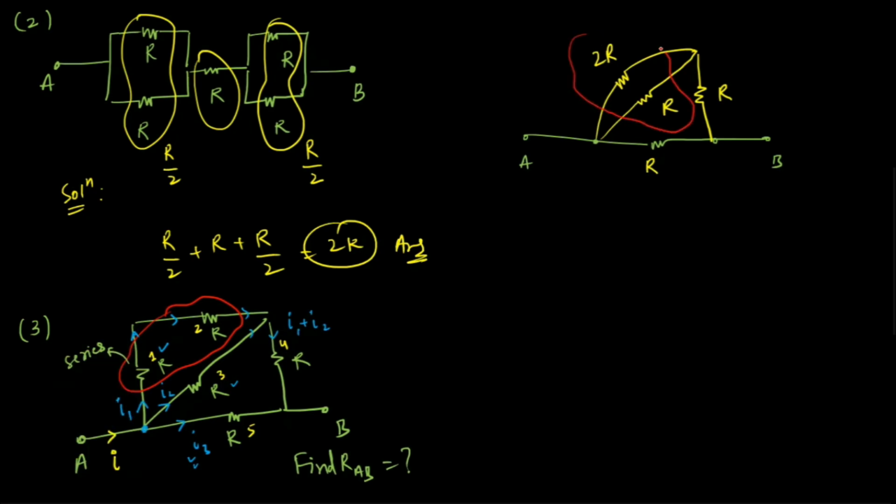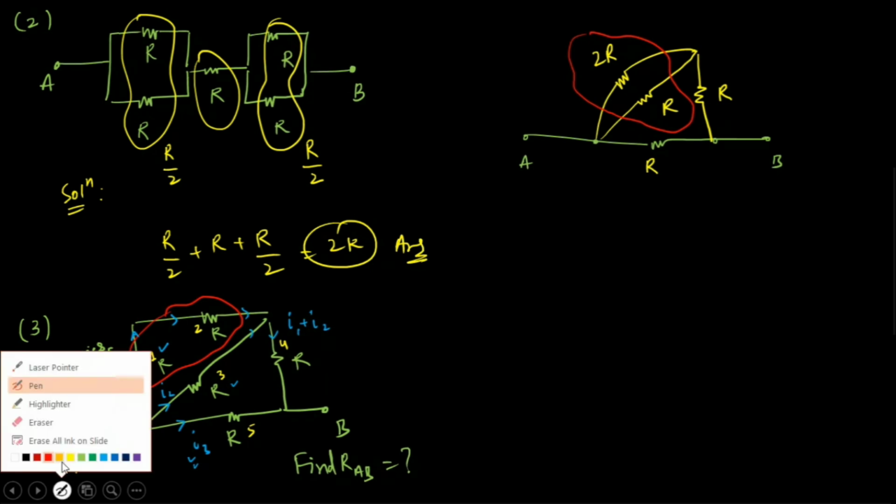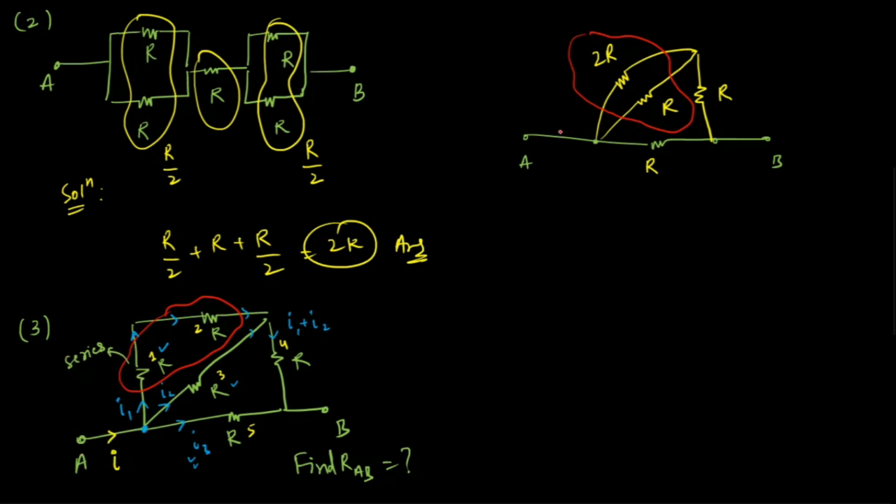Now these two resistors, how can we identify whether they are parallel or not? Imagine the current is dividing into three lines as usual, I1, I2, I3.